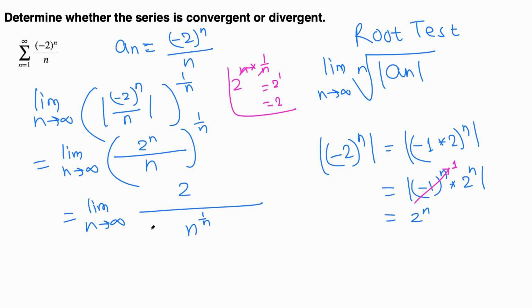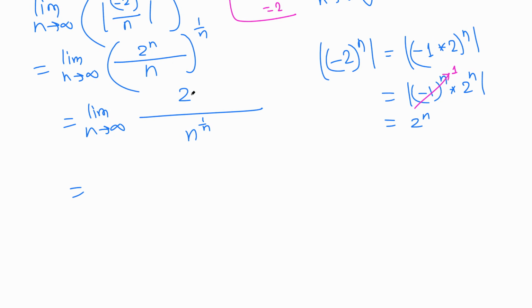Now we need to take this limit. There is nothing to do on the top, it's 2, so the limit goes on the bottom. And from calculus 1, n raised to 1 over n, when n goes to infinity, we did L'Hopital's rule in fact, and we found that this limit is 1. The whole idea here is we can convert this into x^(1/x), and when x goes to infinity, we can take the natural log of both sides and go from there.